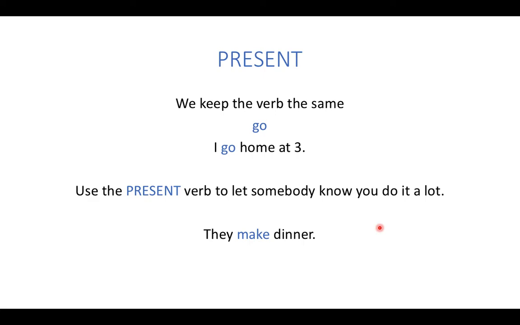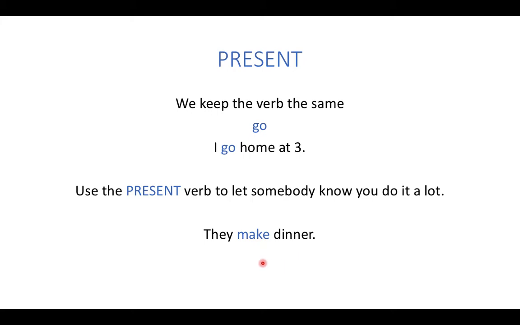You can say, I go home at 3 or I come home at 3. And that lets the person know that every day after work, you go home at 3 or every day you come home at 3.